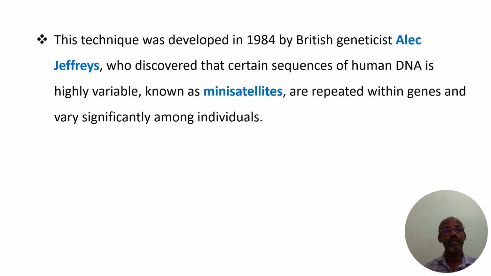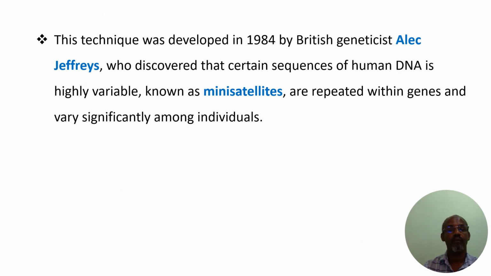Therefore, Alec Jeffreys first identified that while he was studying human DNA, certain regions of the DNA are highly variable, and they are known as minisatellites. And these are repeated within genes and vary significantly among individuals. Repeated sequences of nucleotides that are highly variable among individuals.